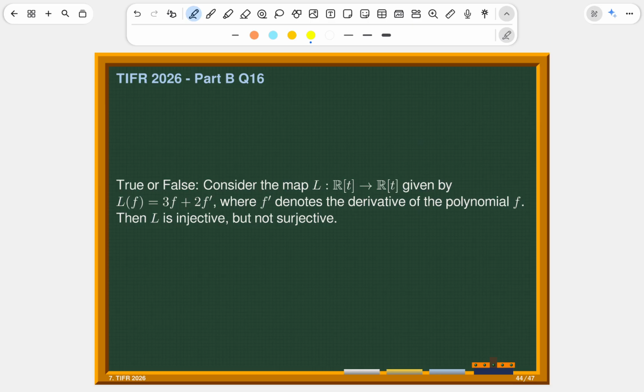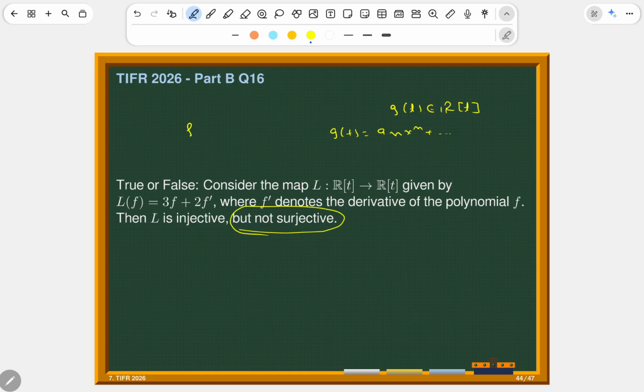But nevertheless, I wouldn't say you need to solve this problem from that perspective, because the claim that it is not surjective can be contradicted by just viewing the fact that whatever polynomial you choose out of R[t], it will be of the natural form a_n x to the power n and so forth.